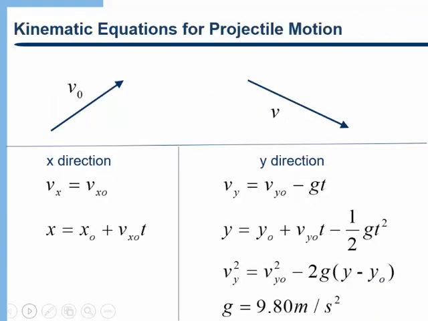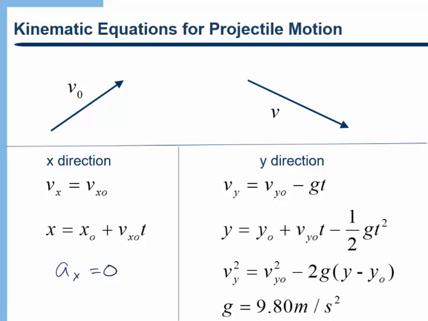So how do we actually go about solving problems with projectile motion? What we do is we use the kinematic equations that we derived back in our one-dimensional motion days. The one thing that makes this easier is because the acceleration in the x direction is 0, we get to dramatically simplify the x direction equations.